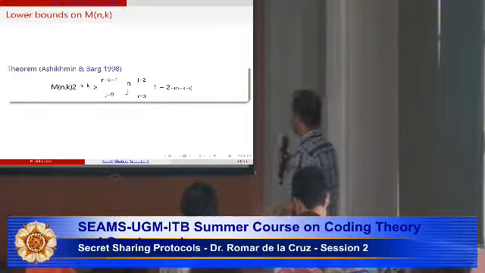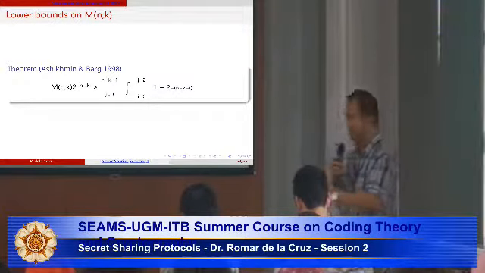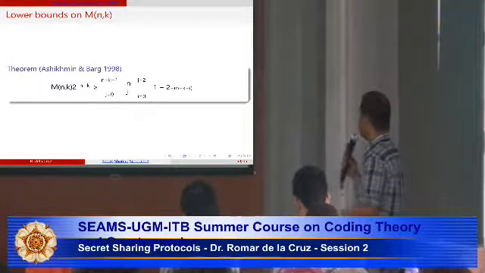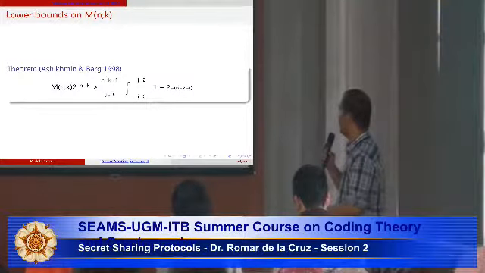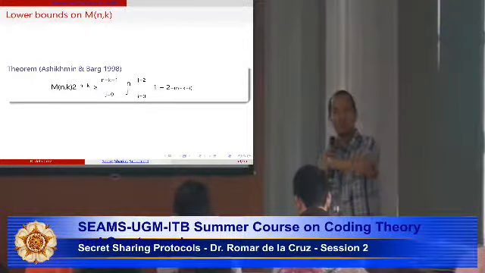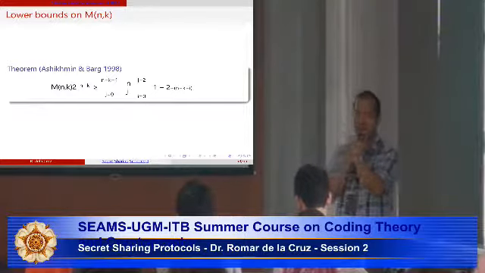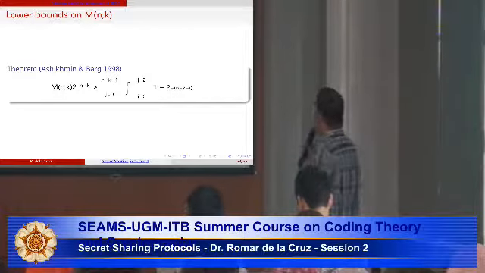Another lower bound is the following. This one is straightforward to prove. If you remember, the span of the set of minimal code words is equal to the whole code, so every code word is a linear combination of minimal code words. You just use that to obtain that lower bound.